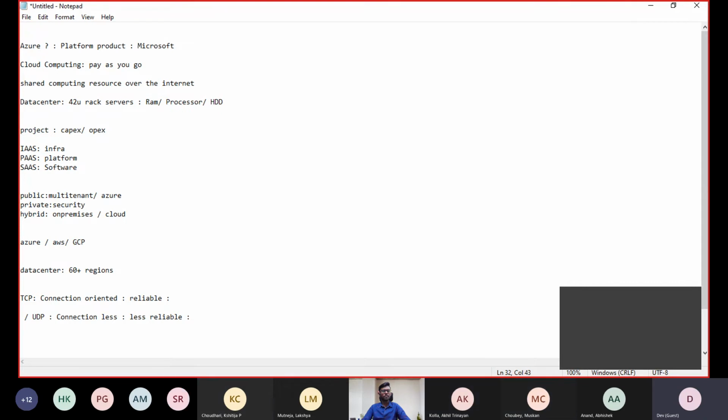Why? Because here I'm not waiting for the acknowledgement. In connection oriented, if there is no acknowledgement, that means the connection has not been established. Till the packet reaches and the acknowledgement is established, either there's an acceptance or a request timed out message pops up, until that time I need to wait.